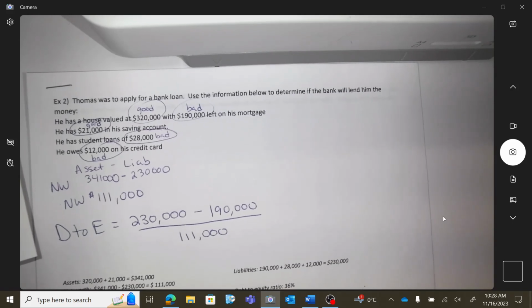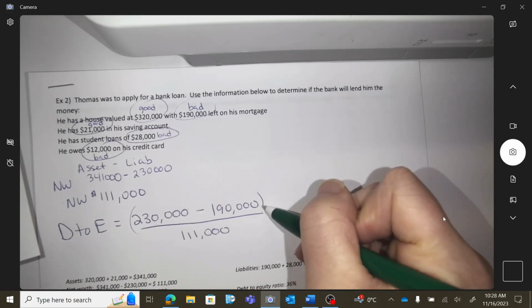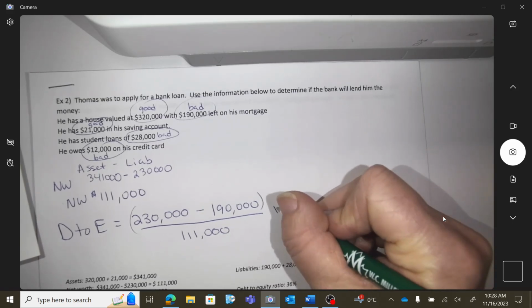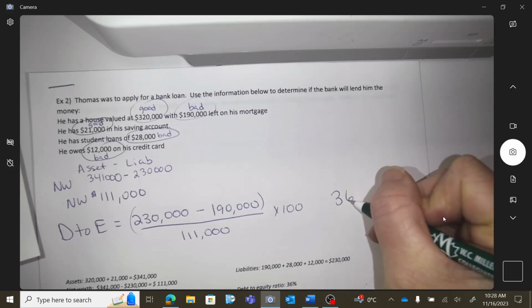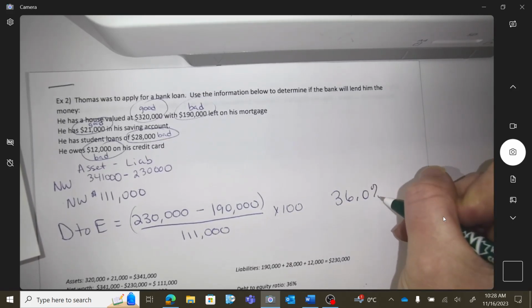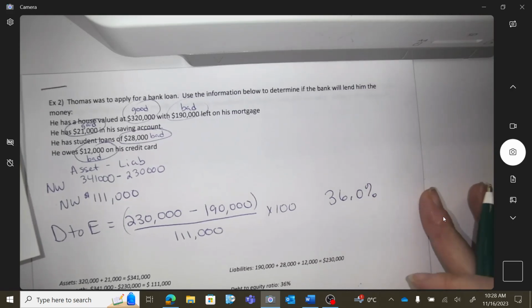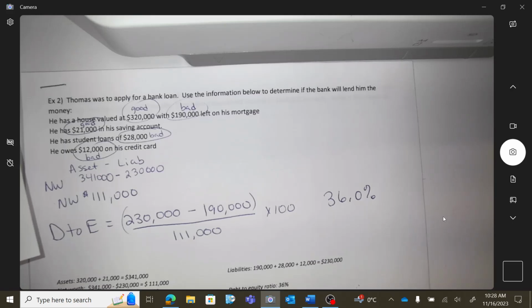Okay, so I need you to probably put that in brackets when you divide. Or push equals. Okay, times it by 100 to move it out of decimals.